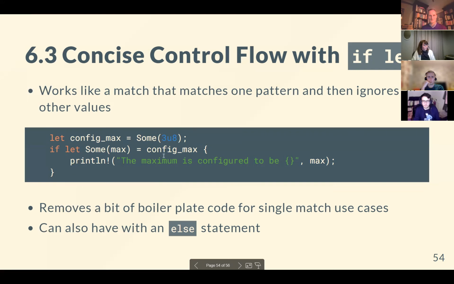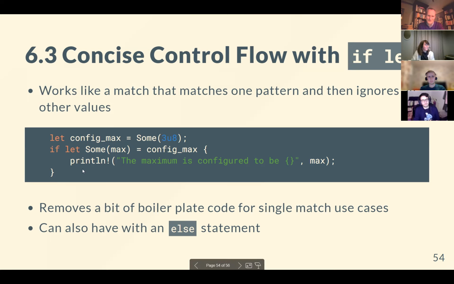So we're matching on config max, but we're matching just with one pattern, which is some max. And then we're getting the max out. It removes a little bit of boilerplate code, and you can also have an else statement on it. I personally find it a little bit harder to read than a switch statement. I don't know what anyone else thinks about it.